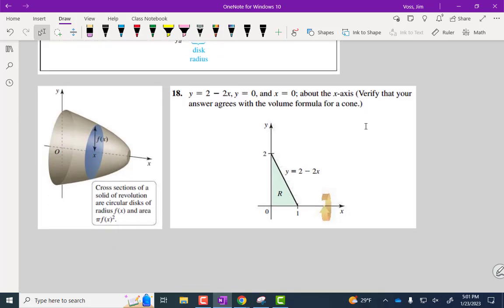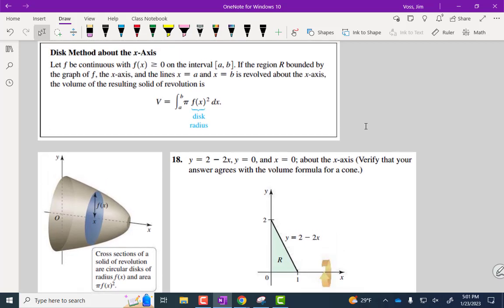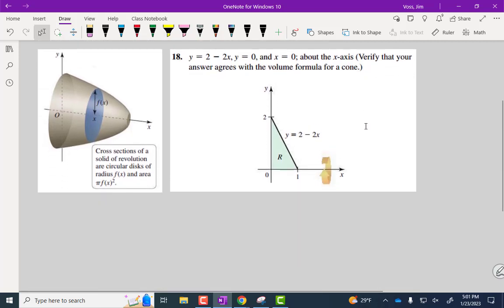The area of a disk is pi r squared. The function you're given is always going to represent the radius if your region is touching the axis of rotation, because that function tells you how far the curve is from the axis of rotation.